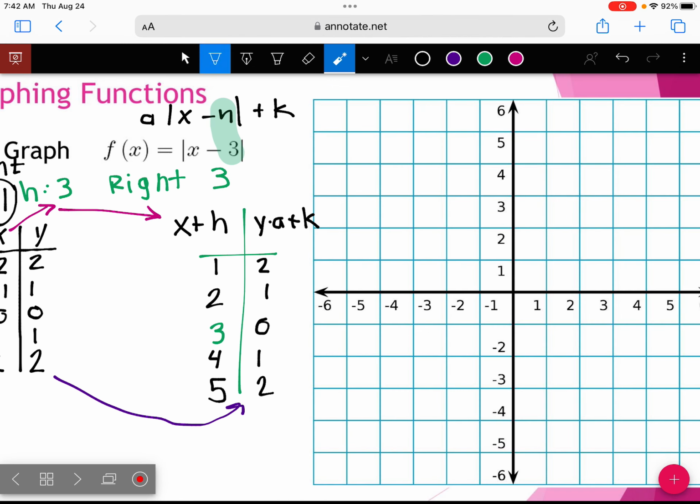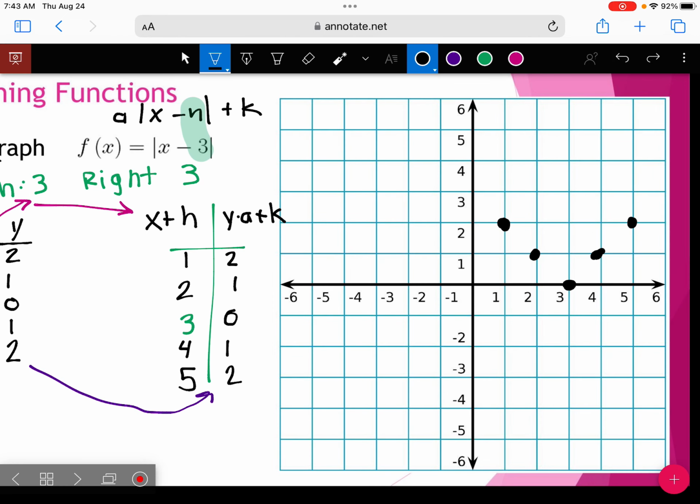But this gives us our points that we can plot here. 1, 2. 2, 1. 3, 0. 4, 1. And 5, 2. And we see our shape here. We can see the place where it bounces.